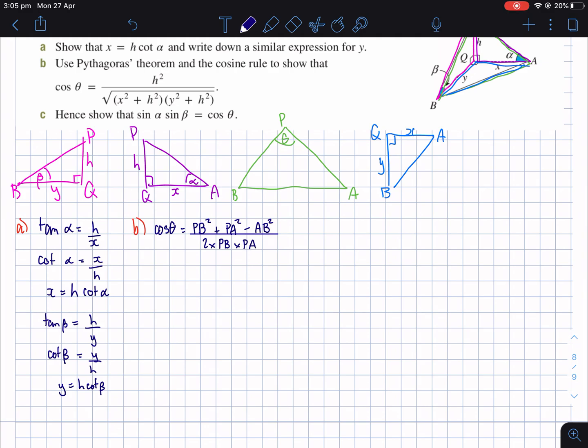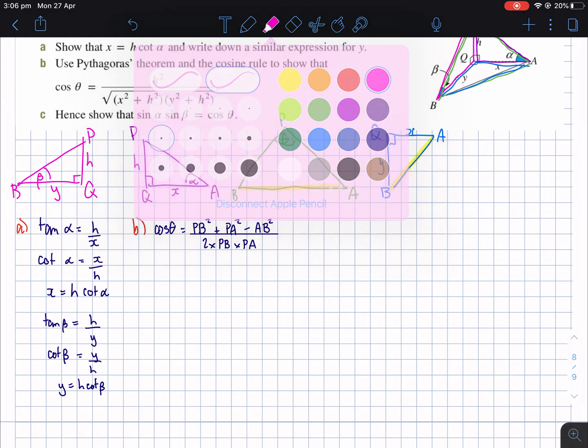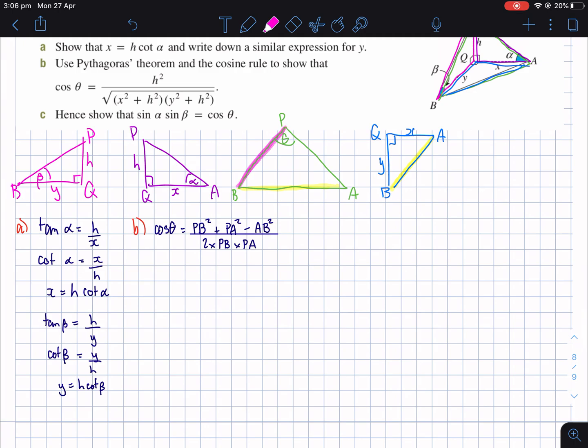Now, we don't know PB, PA, etc., but we can come up with an expression for them. So AB is this one. PB is this one. And PA is this one.